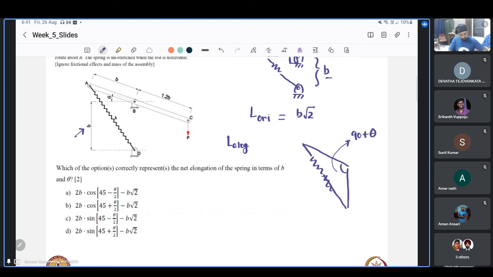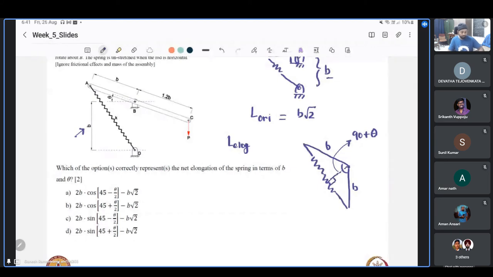Again we have a spring here. And then this is B, this is also B. From here, if we draw a perpendicular line, we are able to see this angle. This angle would be 90 plus theta by 2. Why?